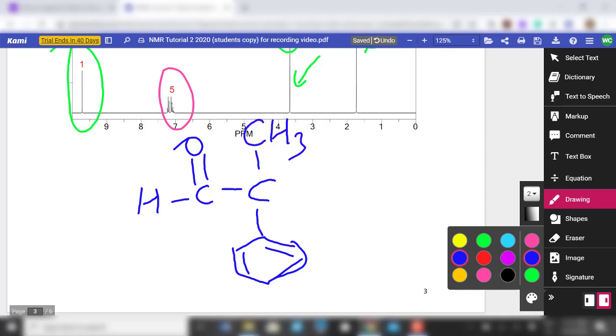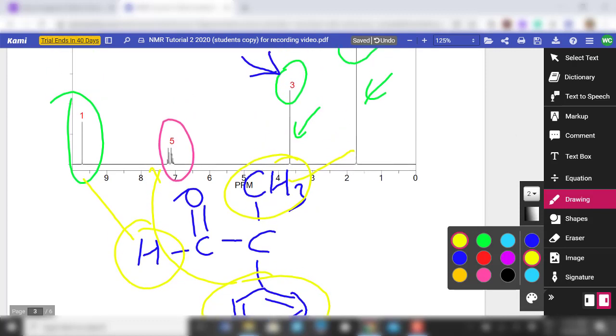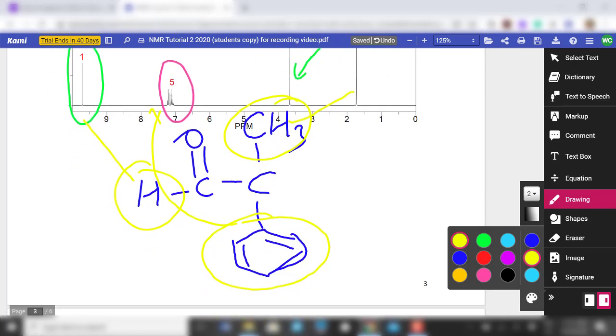Remember, every step we take must make perfect sense. This is due to this, and this phenyl ring is due to this. So we only have one more group to play around with, which is the ester. So in that case, can I then say that the ester is found here?